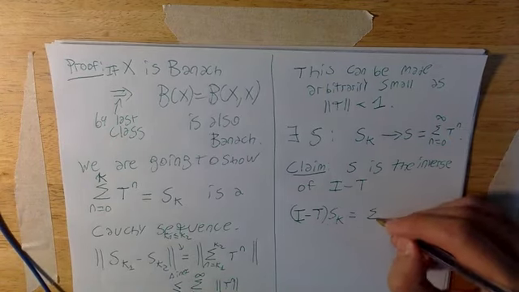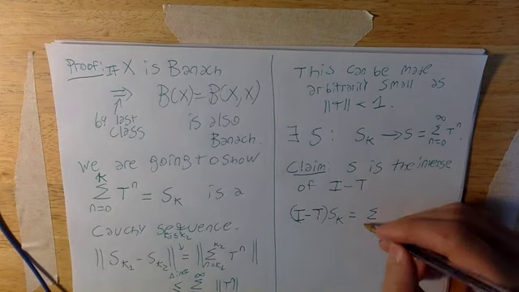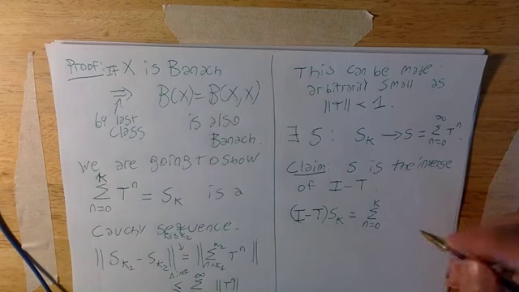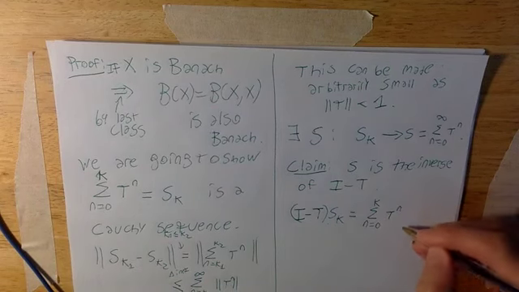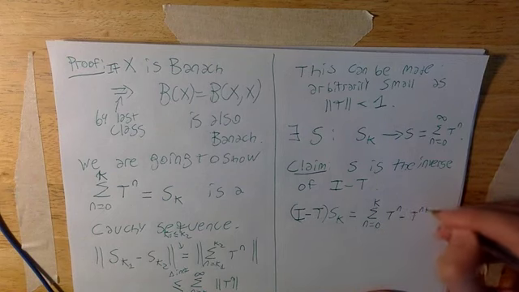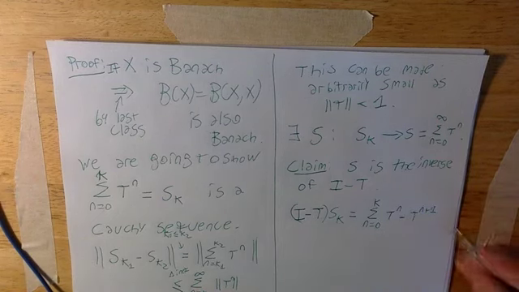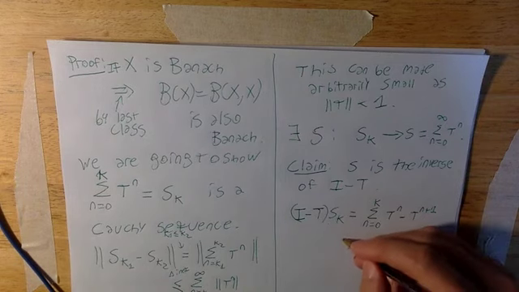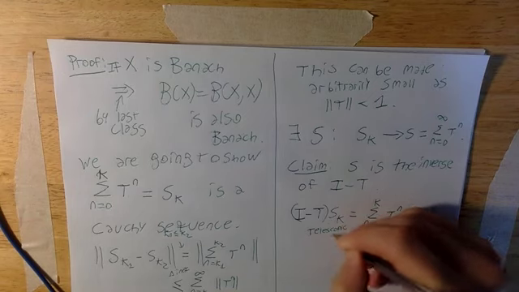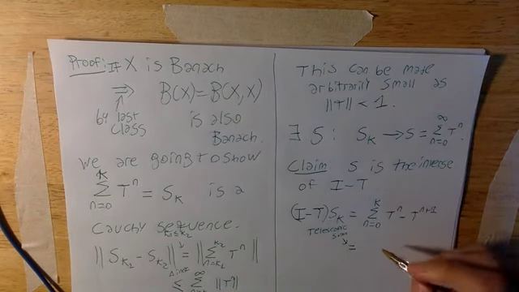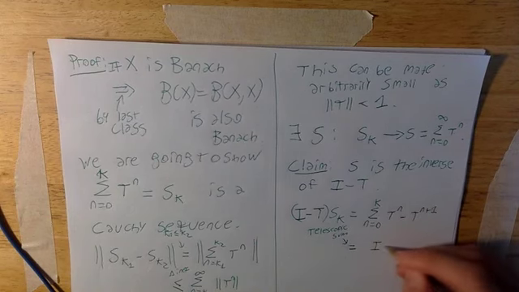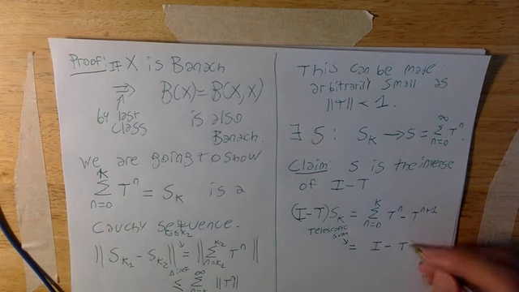So multiplying inside a finite amount of terms, this is the sum from n equals 0 up to k of t to the n minus, and now when I multiply by t, you get t to the n plus 1. And this is just because this is a telescopic sum, that this is actually equal to identity minus t to the k plus 1.